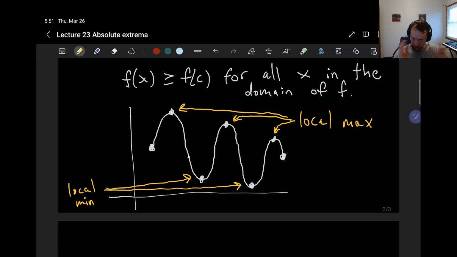They're low points within their little neighborhood. Notice that's also true at these points. The domain is suddenly cut off, but out of everything in the domain, they're a little low point in their little nearby neighborhood.